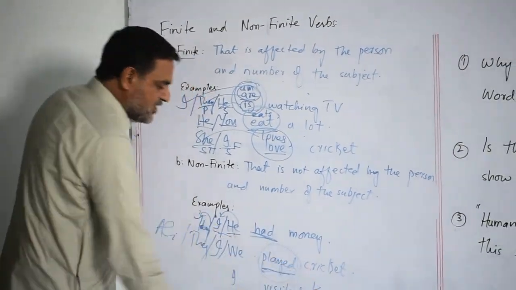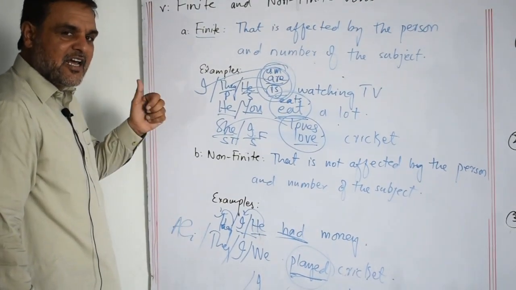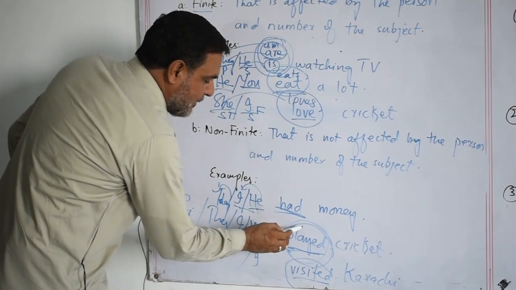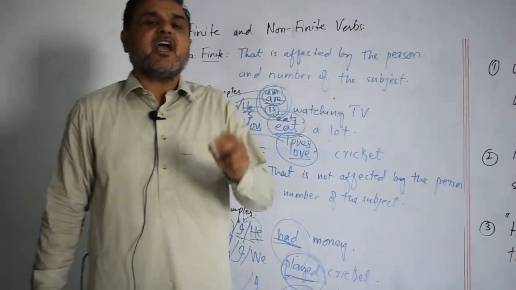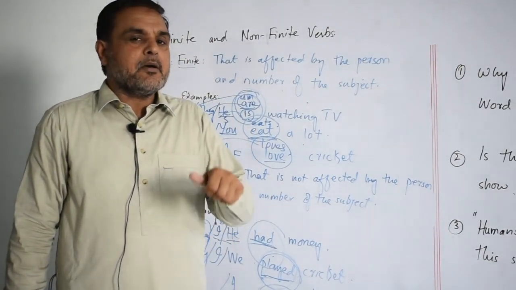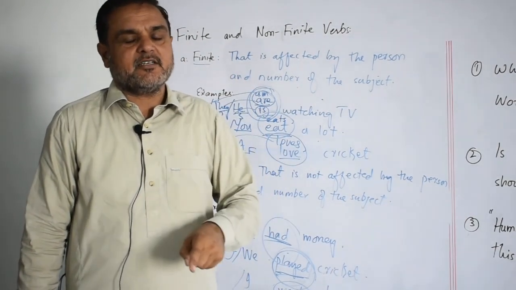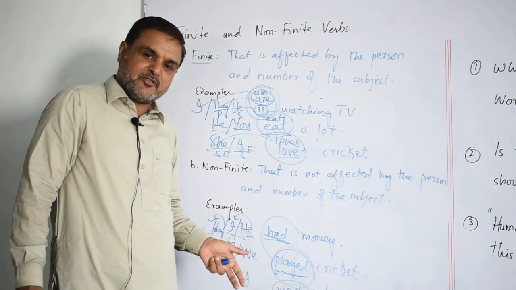And I visited Karachi, correct. We visited Karachi, correct. He visited Karachi, correct. So see, visited, which is the second form of the verb. Played, which is the second form of the verb. Had, which is the second form of the verb. They are not affected by the number and the person of their subjects. That's why they will be called non-finite verbs.